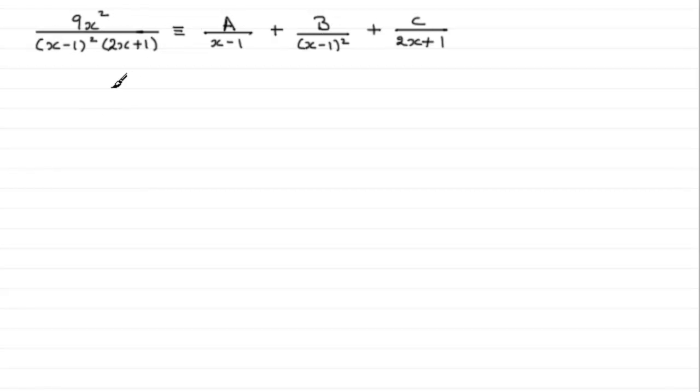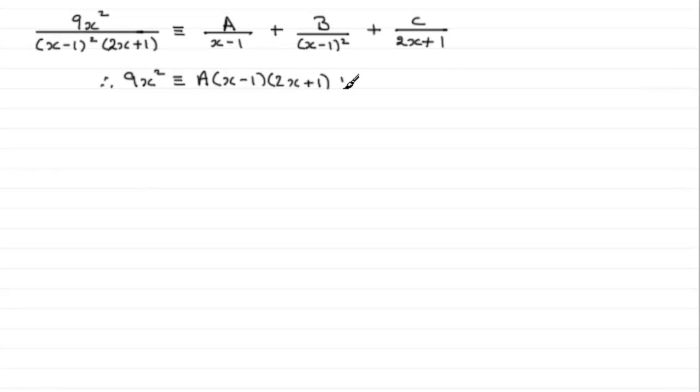If you multiply it on the left hand side, you're going to end up with 9x squared. And if you multiply this first term by (x minus 1) all squared, (2x plus 1), then this x minus 1 is going to cancel out with one of these factors here and leave you just with a times (x minus 1) times (2x plus 1).